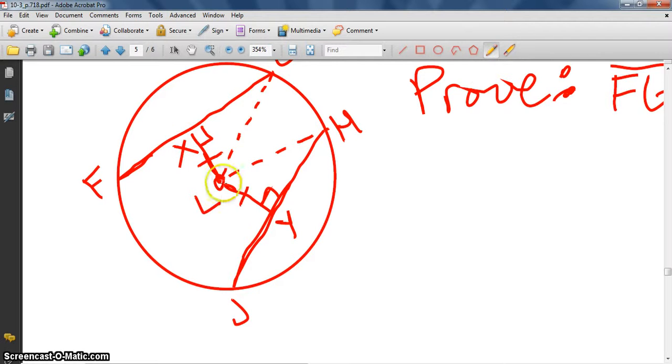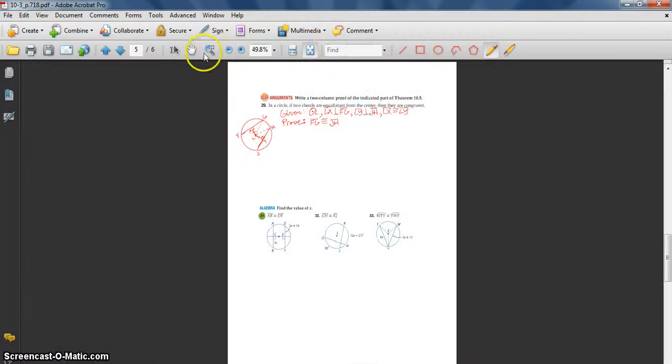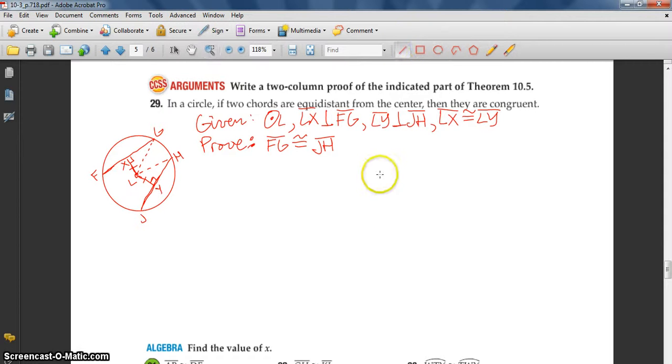So given that this distance is the same as this distance, we want to prove that this length is the same as this length. Two-column proof.